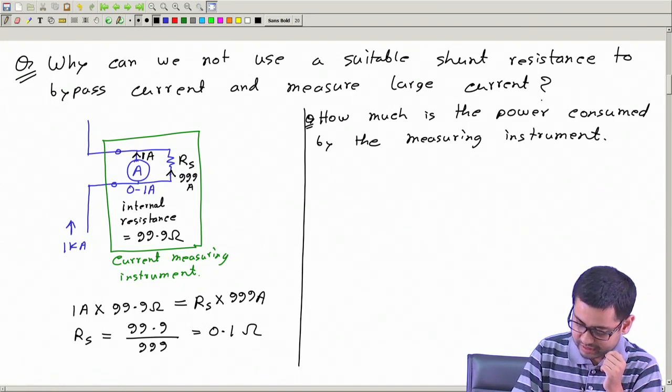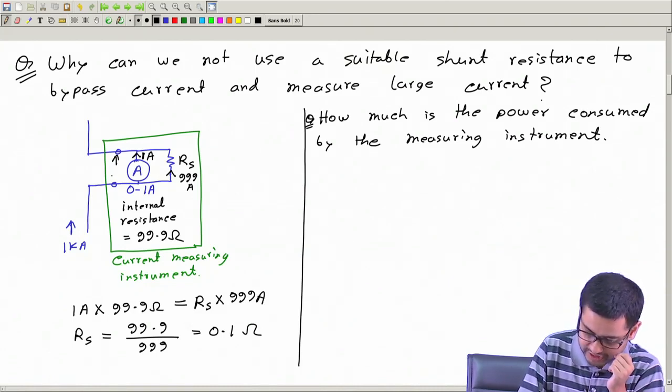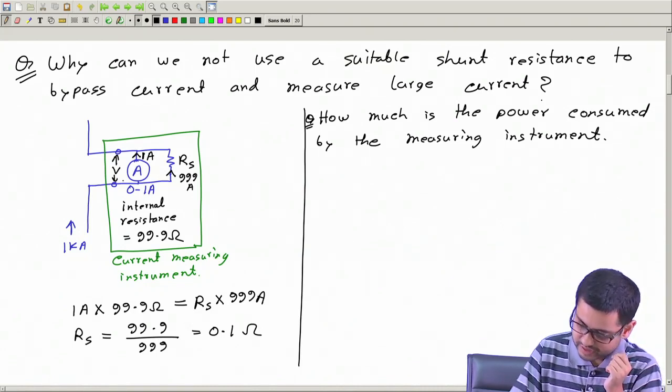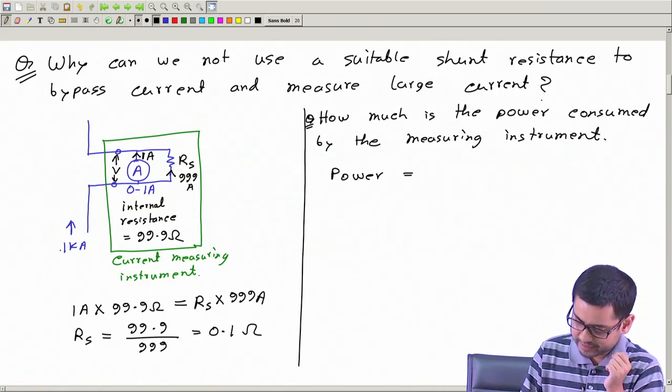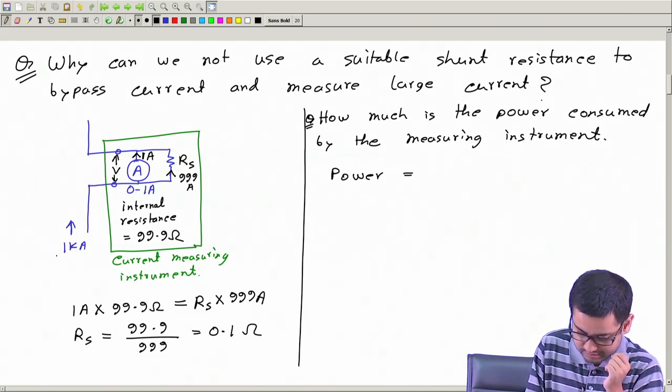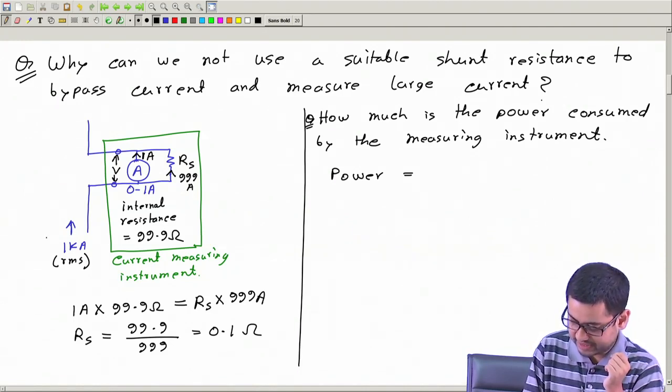It will be this voltage multiplied by the current. If I call this voltage V, then power will be the product of V and this current, assuming these are RMS values. By default, in case of AC, this is RMS.